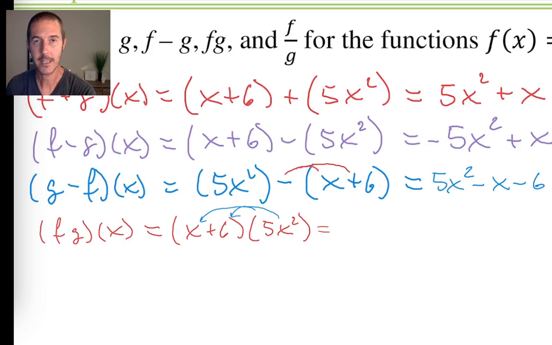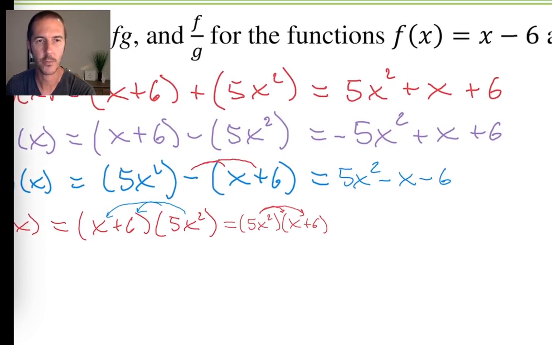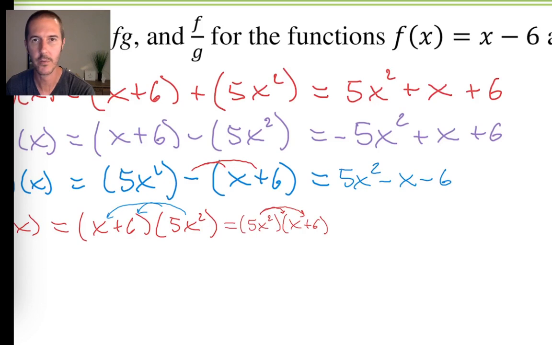You can extend that idea to this example, and you could rewrite this as 5x squared times x plus 6, and now maybe it would be more intuitive to do the distribution. If I distribute from the left, it's going to give me the same result as distributing from the right. Sometimes the order of the terms might change around, but once you've got it all as addition and subtraction, you can change the order as necessary.